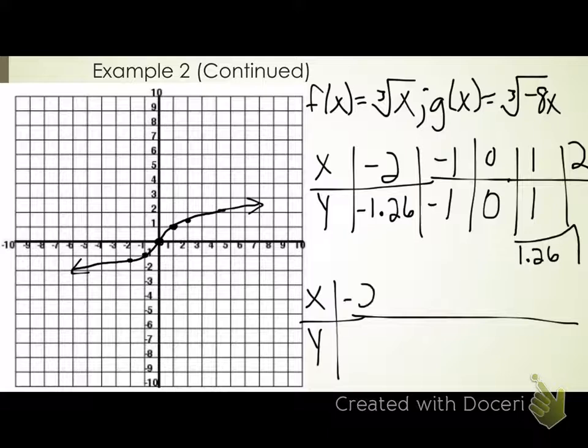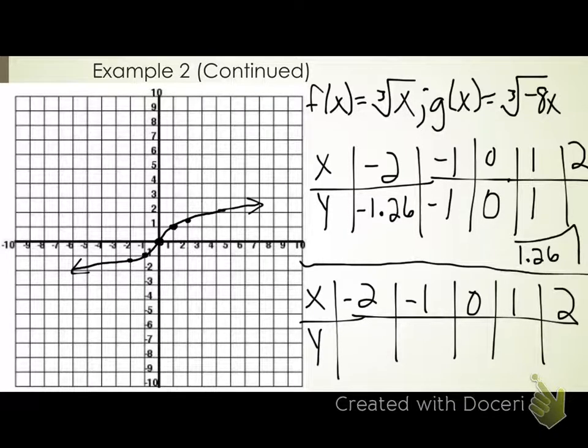I'm going to plug in the same values. So plugging in negative 2, what's negative 8 times negative 2? Positive 16. So I'm taking the cube root of positive 16. Gives me 2.52. Plugging in negative 1.